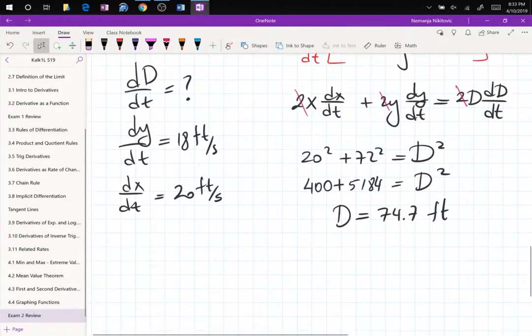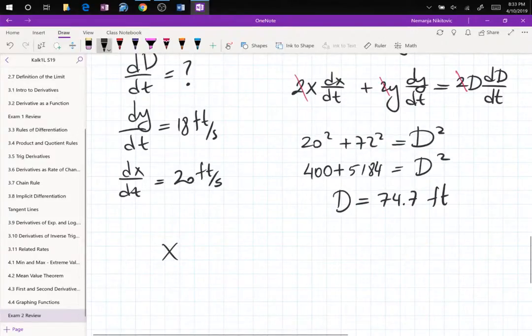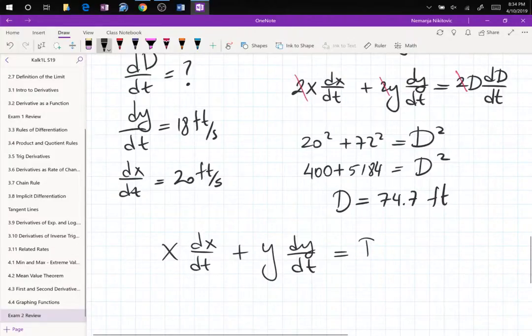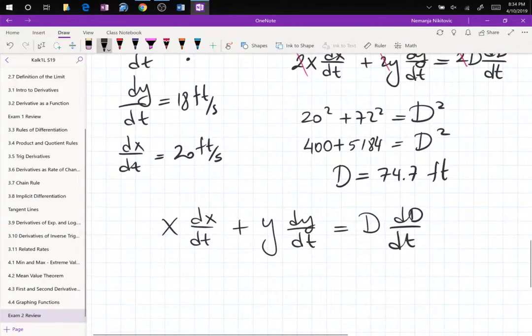And now I finally have all the numbers. x dx/dt plus y dy/dt is equal to D dD/dt. We plug everything in.